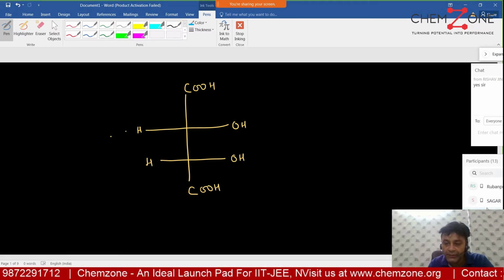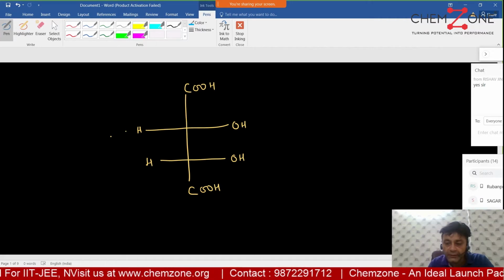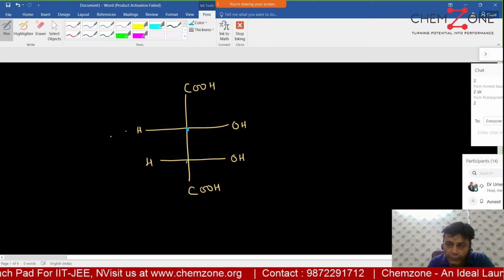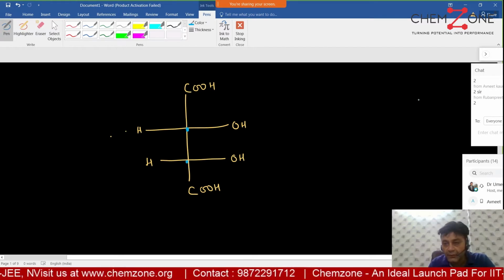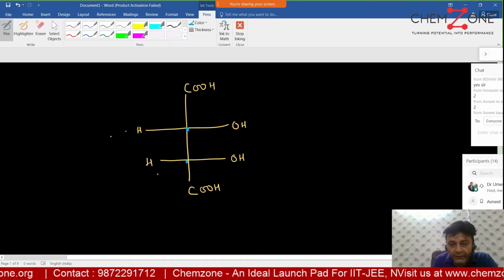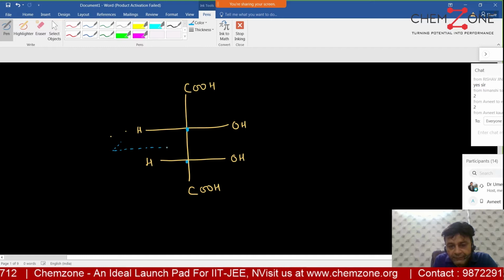Count and tell me fast. How many chiral carbon atoms are there in this compound? Yeah. So one is this, another is this. There are two chiral carbon atoms. Right. Perfect. But in this compound, we find there is a plane of symmetry.